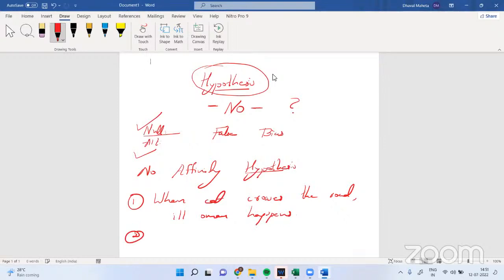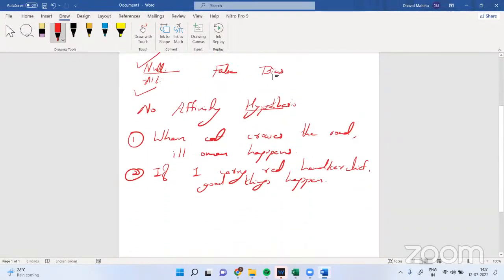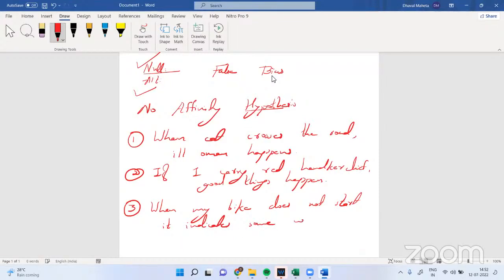Second, if I carry a red handkerchief with me, good things happen to me. When my bike does not start, it indicates some warning, right? How many of you agree to this statement?